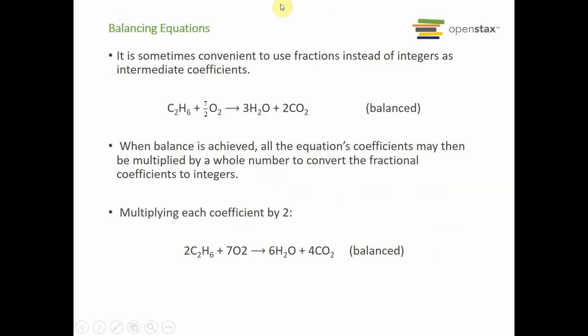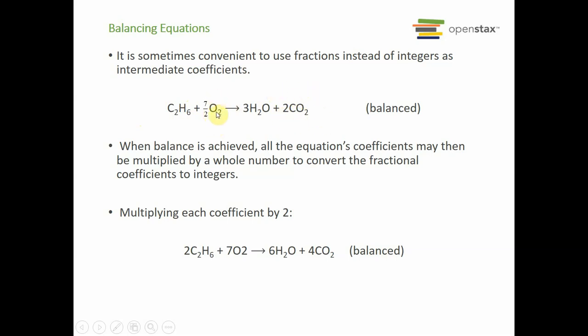It is sometimes convenient to use fractions instead of integers as intermediate coefficients. So this is ethane, which is one of the gases in natural gas, like what runs a Bunsen burner, plus 7 halves O2 yields 3 H2O and 2 CO2.